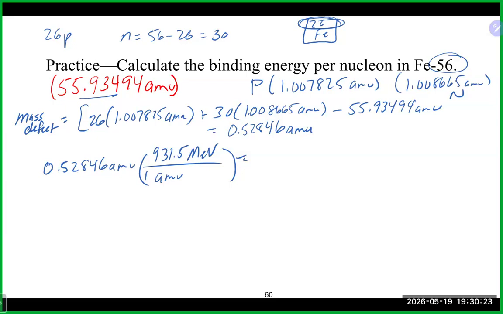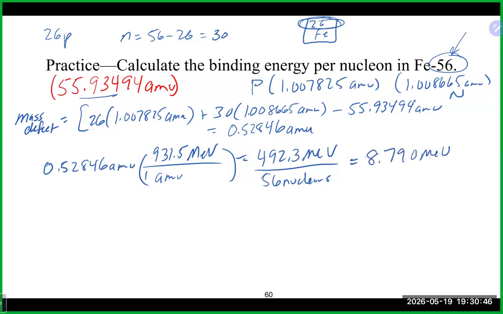And that's going to get us about 492.3 mega electron volts, again divided by our nucleons, which is basically your mass number, in this case 56 nucleons, which is our protons and neutrons. And that's going to get us 8.790 mega electron volts per nucleon.